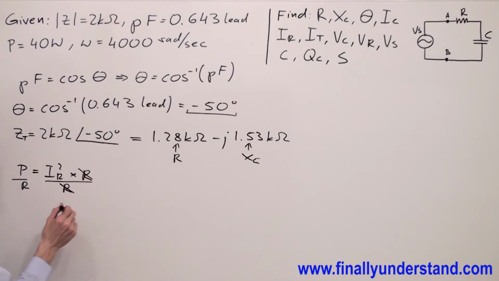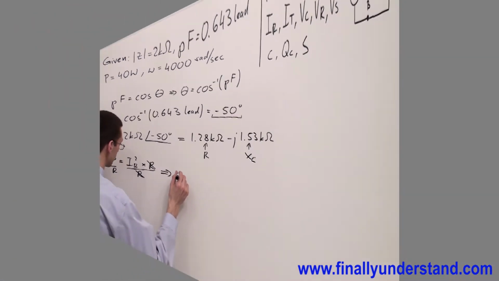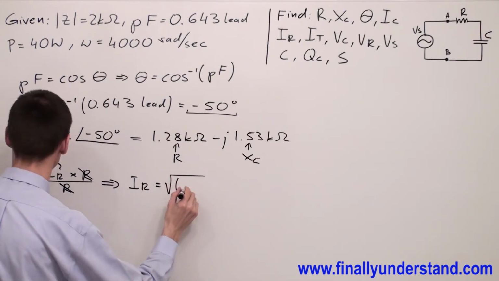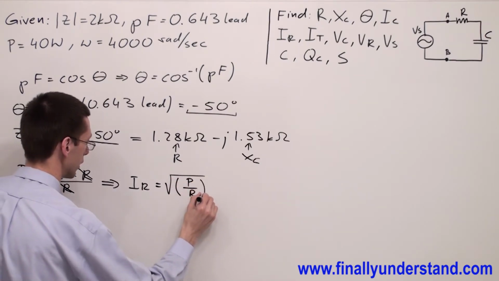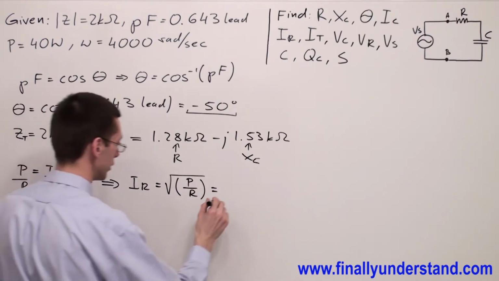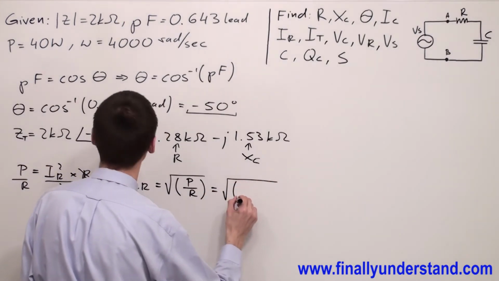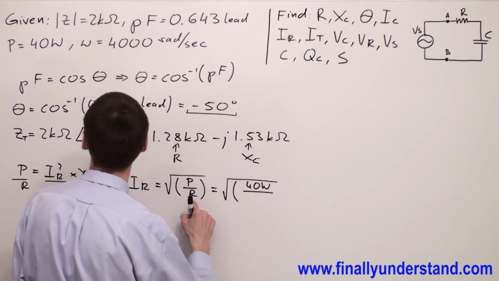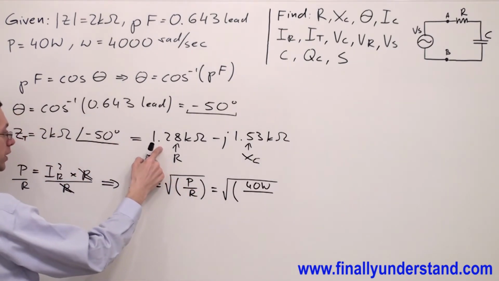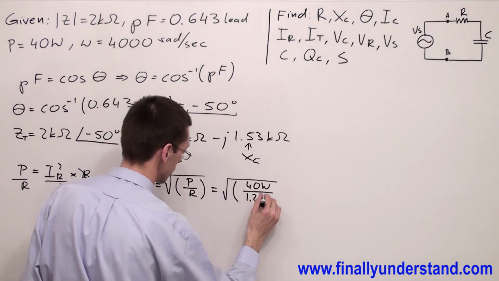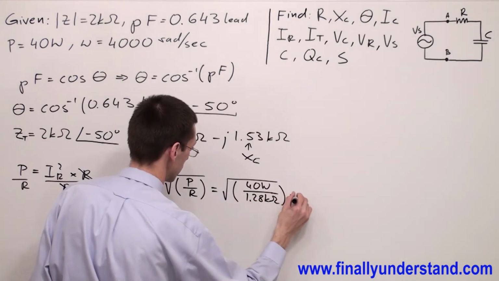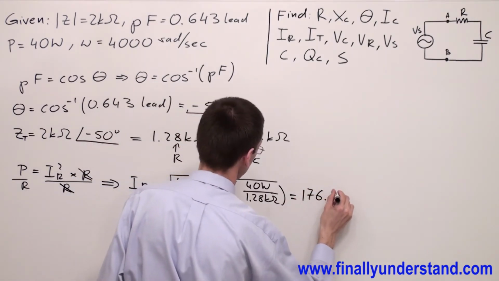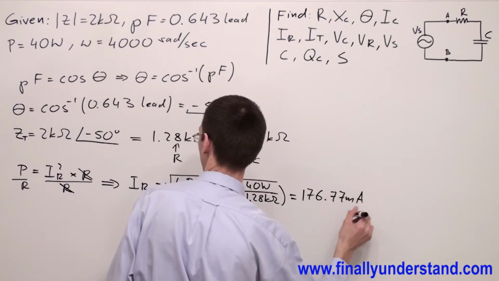Resistance and resistance will cancel out, and we obtain I R equals square root of P over R. Plug in the values and you get the square root of P, 40 watts, over R, which is equal to 1.28 kiloohms, which is equal to 176.77 milliamps.